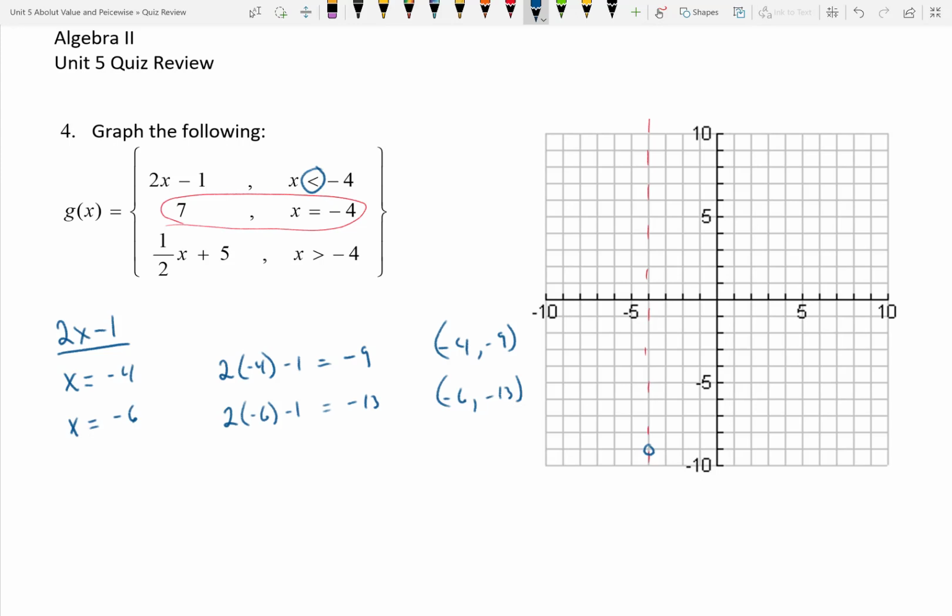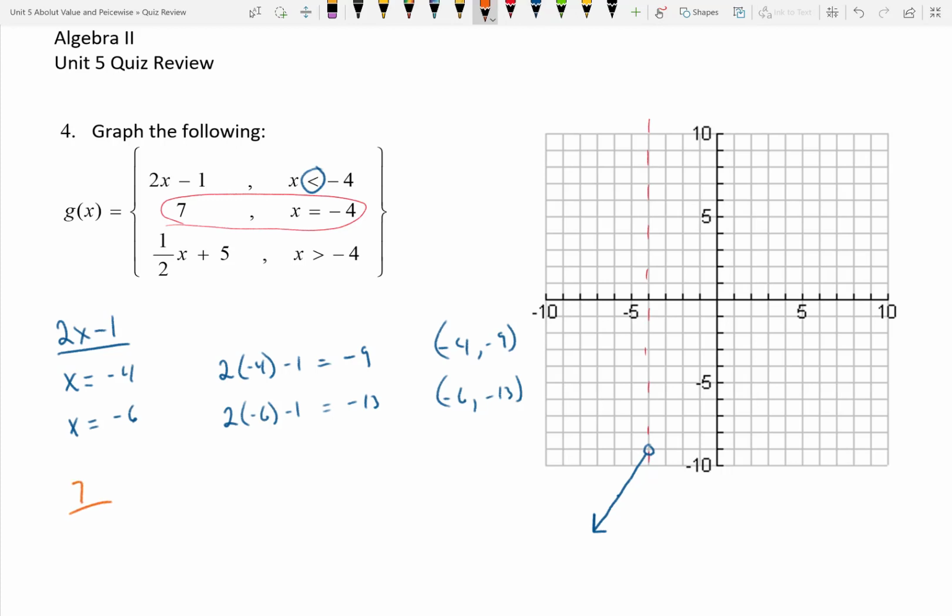And then at -6, -13, I just have to estimate here. Now this is not an endpoint, it's just another point on the graph that I'm using to get a slope. And since it's not on the grid, my slope may not be particularly accurate, but it's going to look something like this.